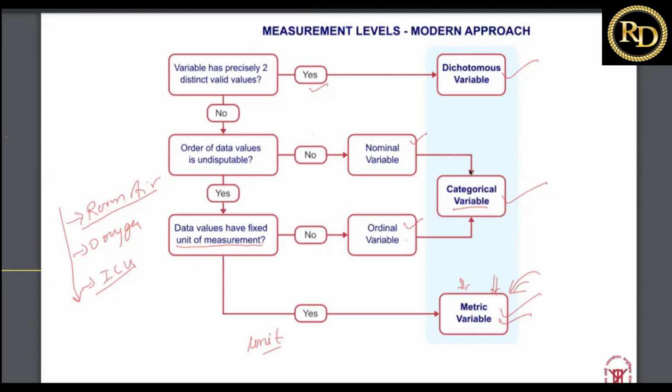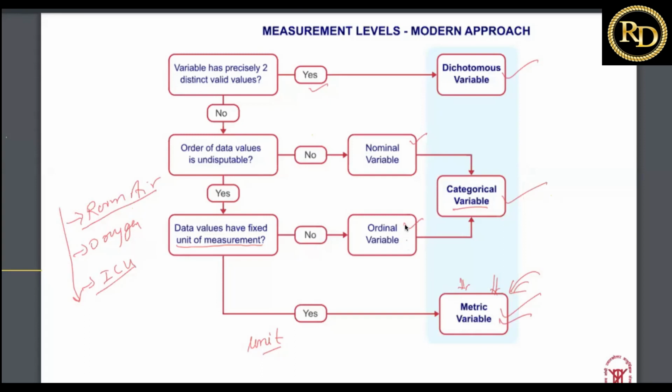Now this categorical variable is also of two kinds. One is the nominal variable, another is the ordinal variable. What is a nominal variable? If your categorical variable cannot be put into any order, it will be a nominal variable. If your categorical variable can be put into order, it will be an ordinal variable. You can take this example: whenever a patient comes to the COVID hospital, the doctor sitting in the PRO office asks what the condition of the patient is, whether the patient is on room air, or requires oxygen, or needs ICU.